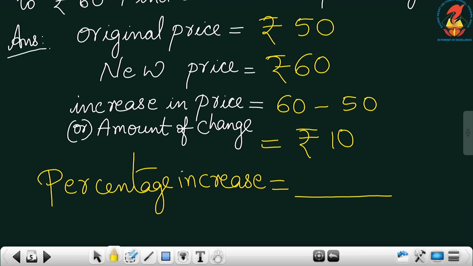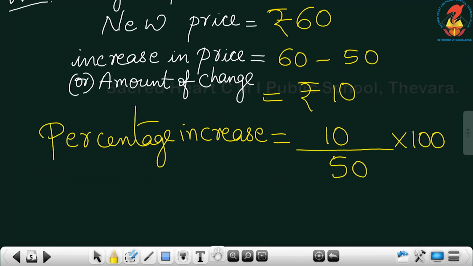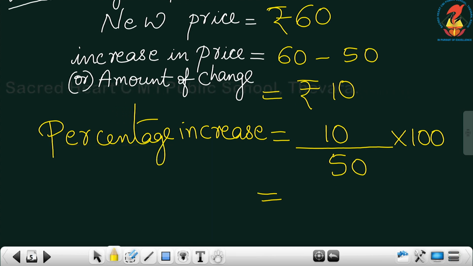Here amount of change means the increase in price, which is 10, by the original amount, which is 50, into 100. Just solve it children. Cancel the 0, so 100 by 5. What is the answer? 20.